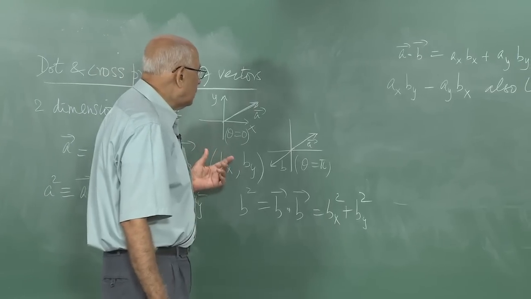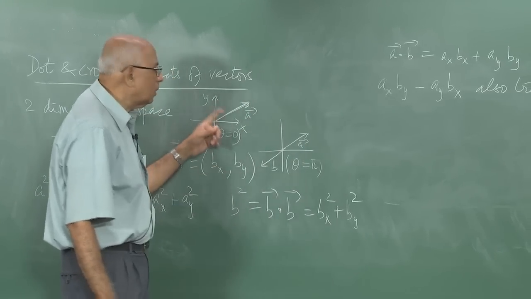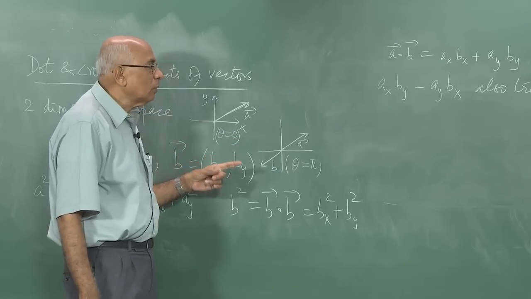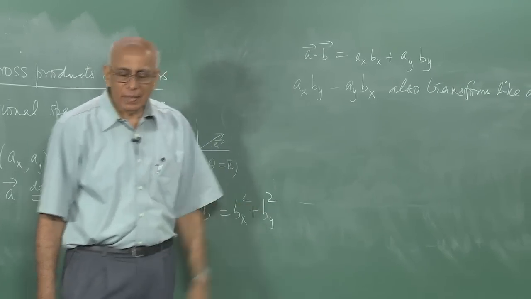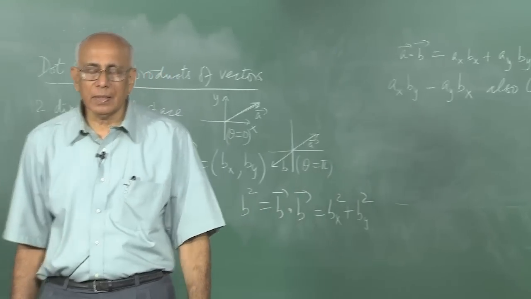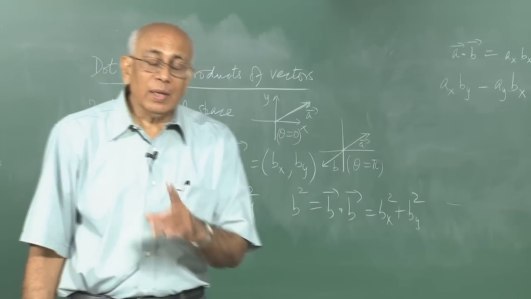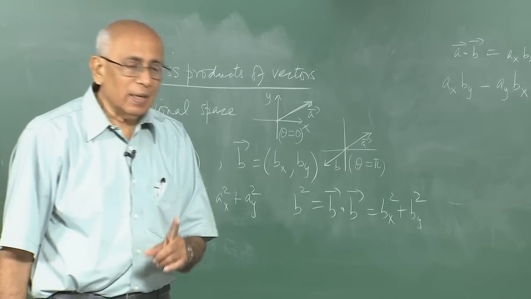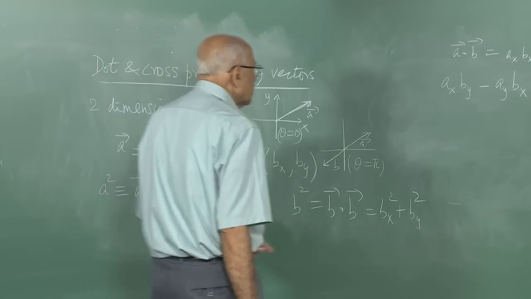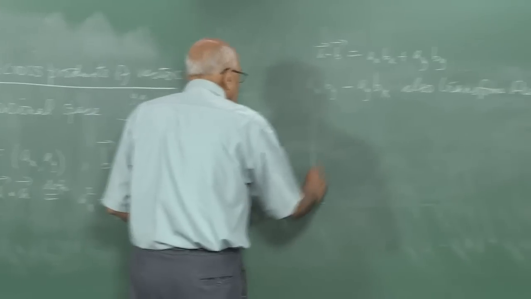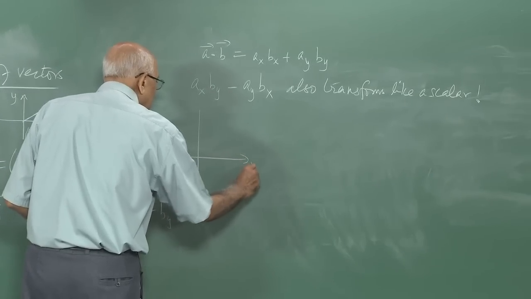In the case of 2 dimensions, you do not have enough components, you have only 2 components, and therefore the same prescription leads you to a single quantity of this kind, and it turns out to be a scalar in this case. But it is not an ordinary scalar, and let me explain what is happening here.